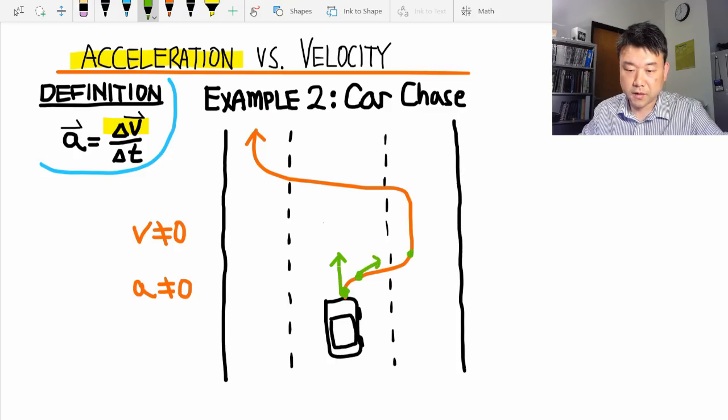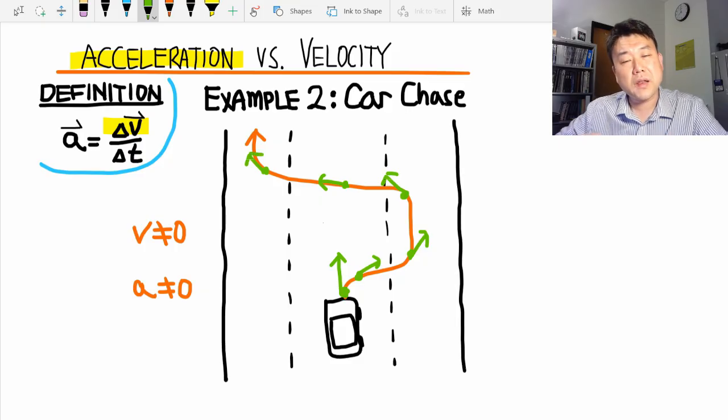At this point, the car has velocity like this. So you can see that even if the car was moving at the same speed, because the direction of its motion is changing, its velocity is changing, and that change of velocity will be associated with an acceleration.